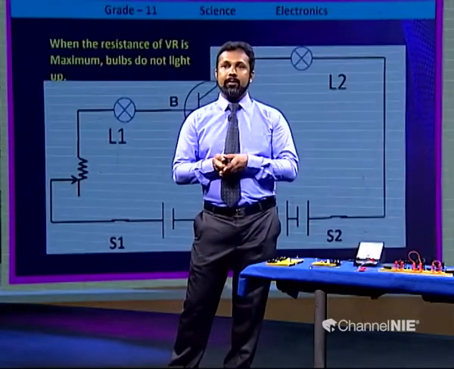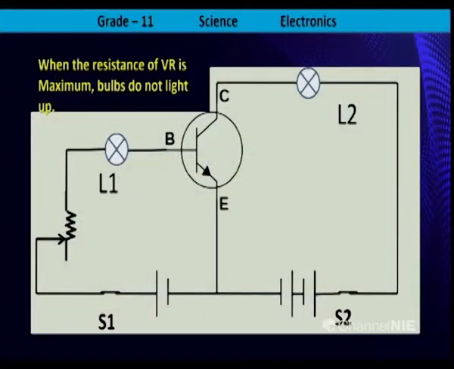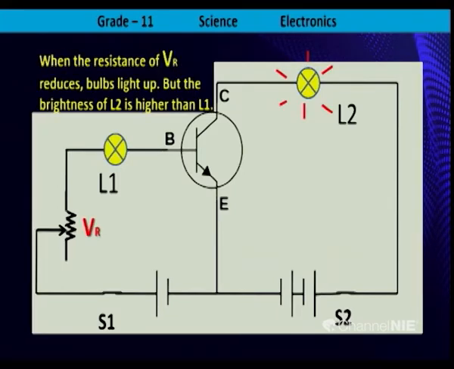As you can see, this is the circuit present in your textbook. When the resistance of the variable resistor is maximum, bulbs do not light up. You can see here, we use a variable resistor. We can use a volume controller as a variable resistor.